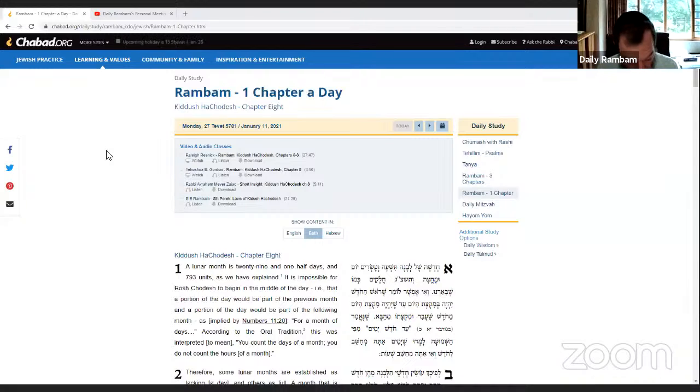Now I wanted to just add that what the Rambam explains and what we learn elsewhere is that although we generally say that a lunar year is 354 days, in fact, that's the average lunar year.